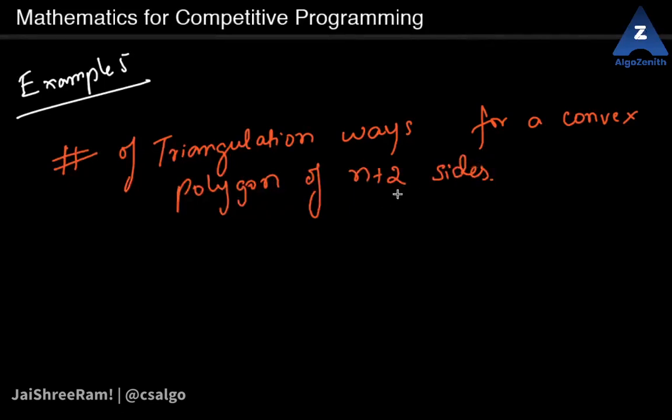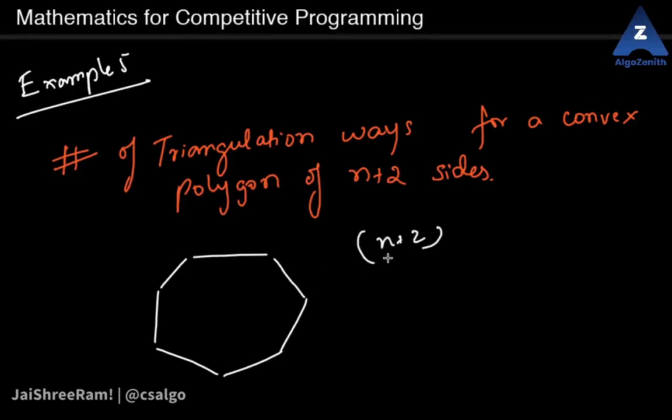Okay, let's look at this particular example: the number of triangulation ways for a convex polygon of n plus 2 sides. So let's quickly have a look. This is a convex polygon and we want to find out the number of triangulations for this particular polygon. So let's say there are n plus 2 sides over here right now. Let's say we choose this particular side, and then we have multiple choices for the triangle on this base.